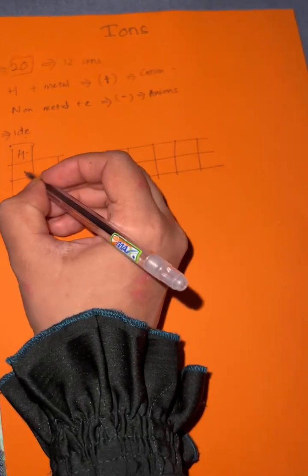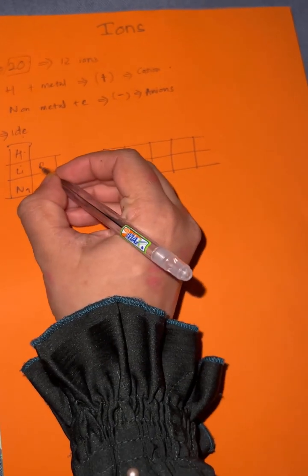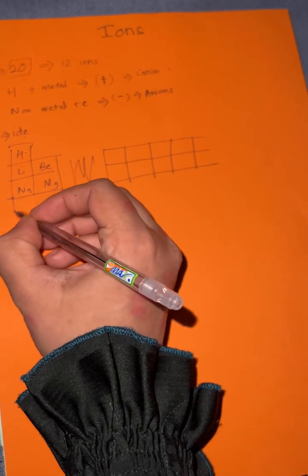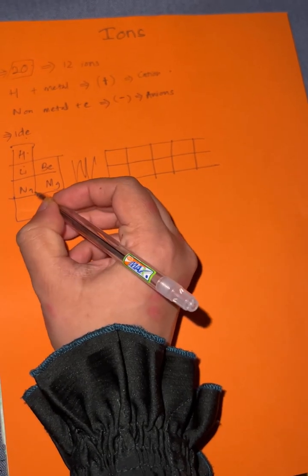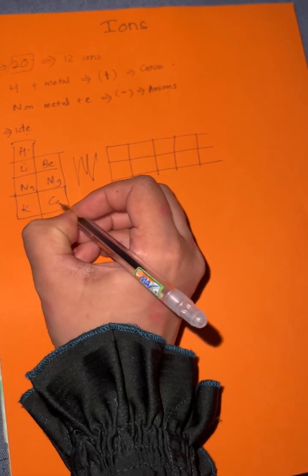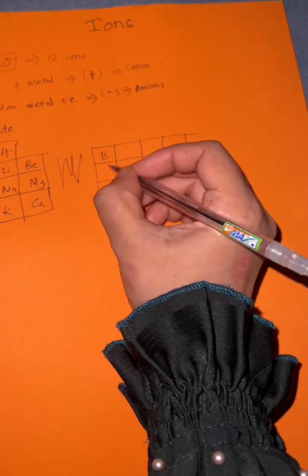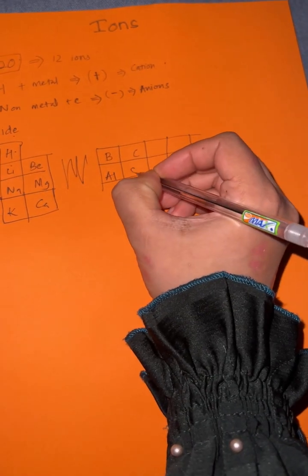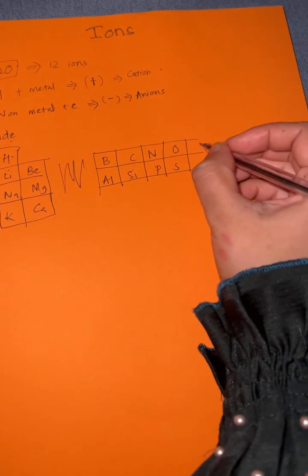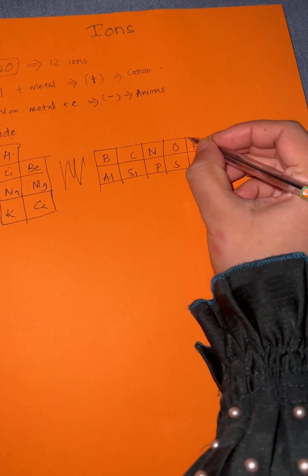We have hydrogen, lithium, sodium, beryllium, magnesium, and we have two more up to 20 you need to know: potassium and calcium. On this side we can fill up boron, aluminium, carbon, silicon, nitrogen, phosphorus, oxygen, sulfur, fluorine, chlorine.